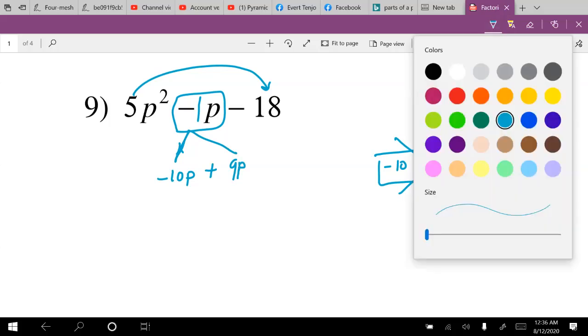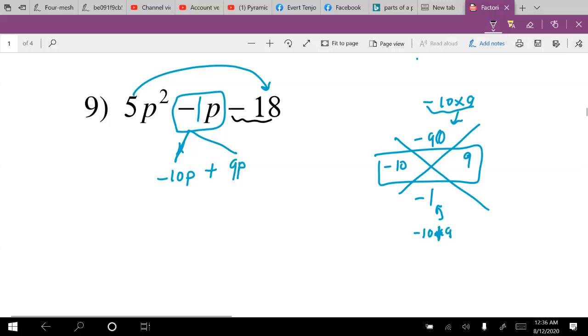And we copy the negative 18, copy the 5p squared. Draw a line between the two terms. What is common between these two terms? We know 5 is common, p is common.